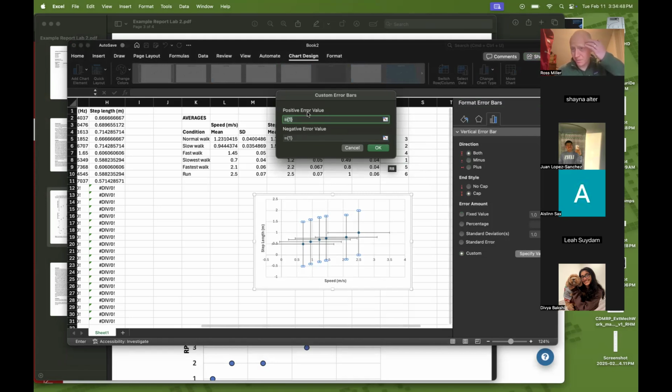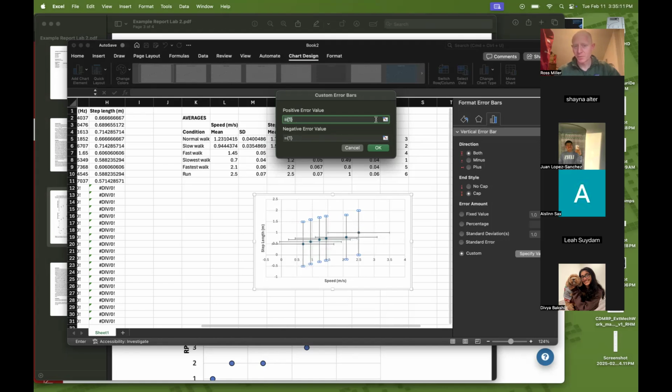And that's Excel wanting you to tell it where on this chart is the set of values that you want to have error bars going above these data points. That's this positive error value. And then likewise, where in the data on this chart are the values that you want it to go below those 6 data points.